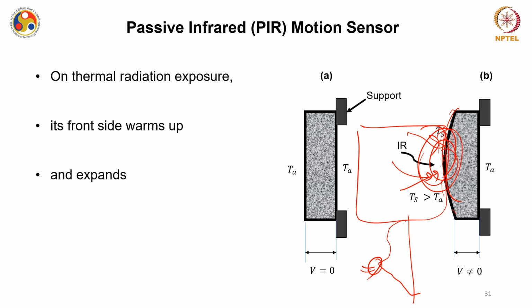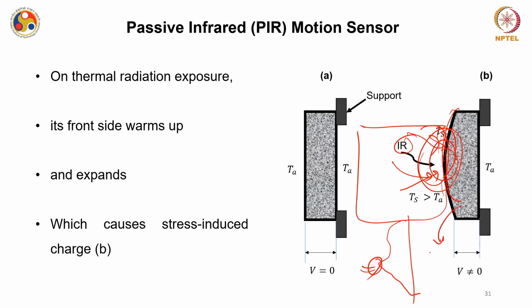This front side gets warmed up, and because of that there is an expansion, which along with the IR radiation also causes some charges. So there is a stress-induced charge. Earlier this voltage was 0, and because of this thermal expansion there is a charge which is of course converted to voltage.